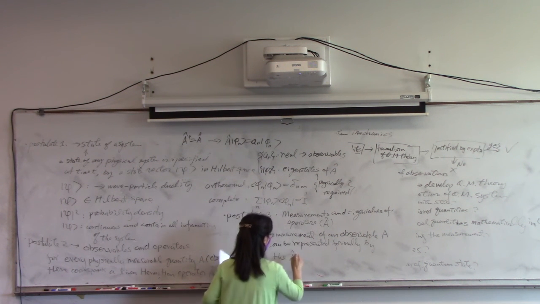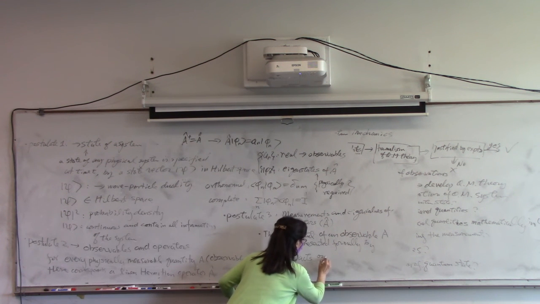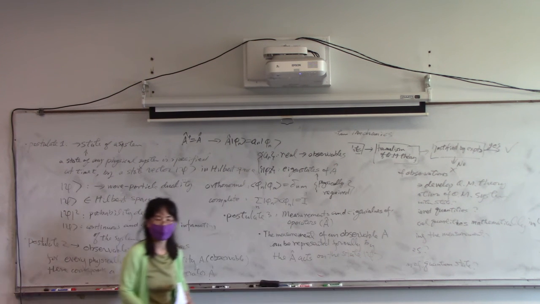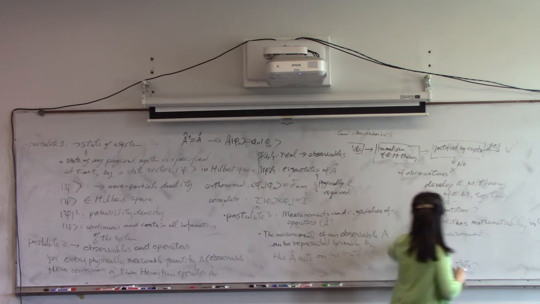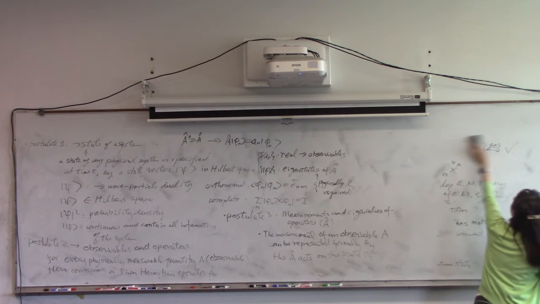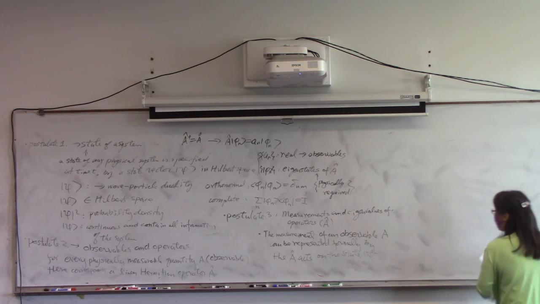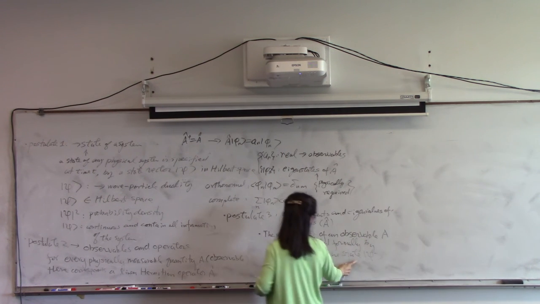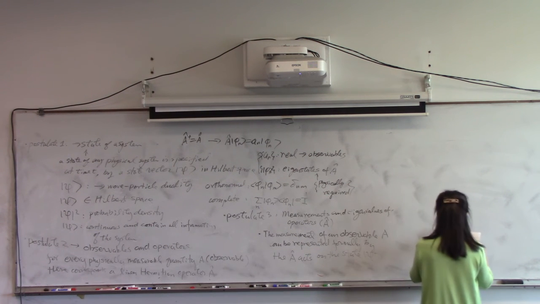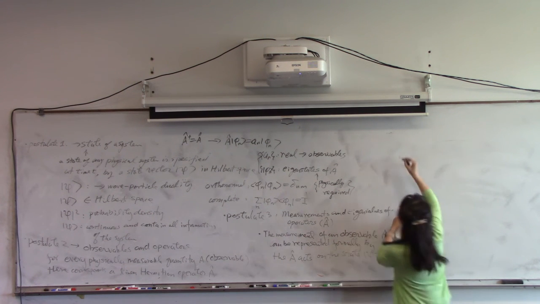If I use A hat, this operator corresponding to observable A acts on the state ket. So that is the explanation of what happens when we measure. When we measure, it is nothing but the operator itself acting on this ket. And in chapter 2 we know the operator acting on a ket gives us a new ket, right? So that is okay.